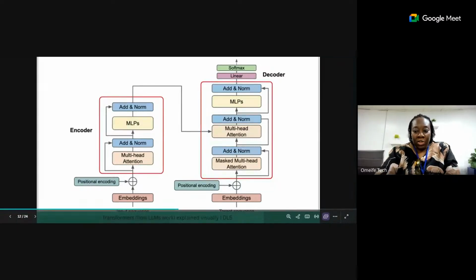An attention function can be described as mapping a query and a set of key-value pairs to an output, where the query, the keys, the values, and the output are all vectors.